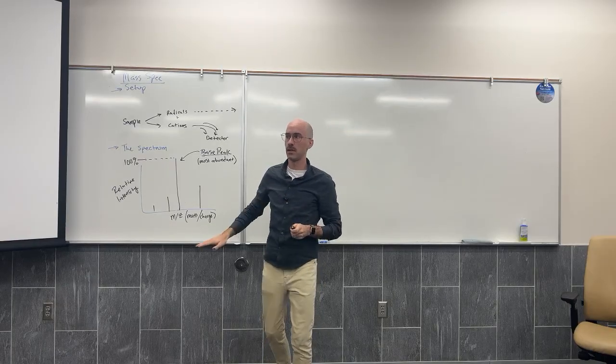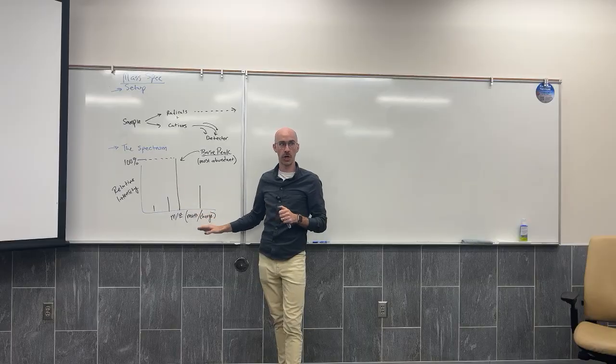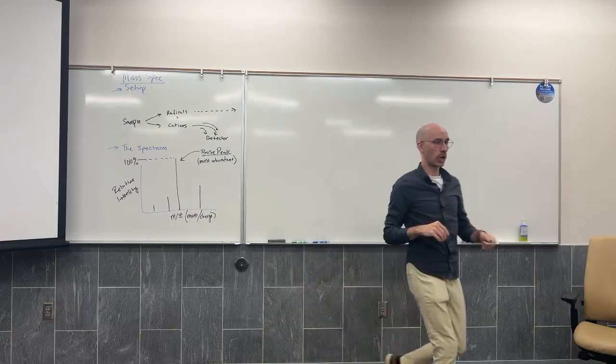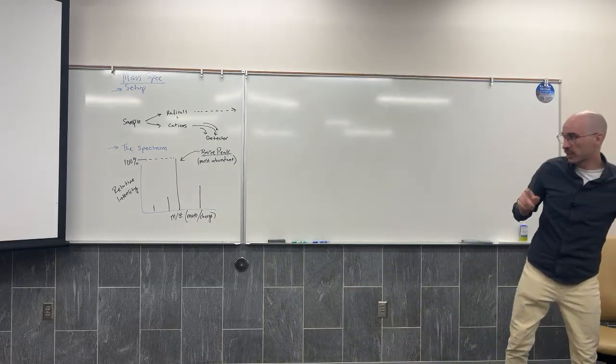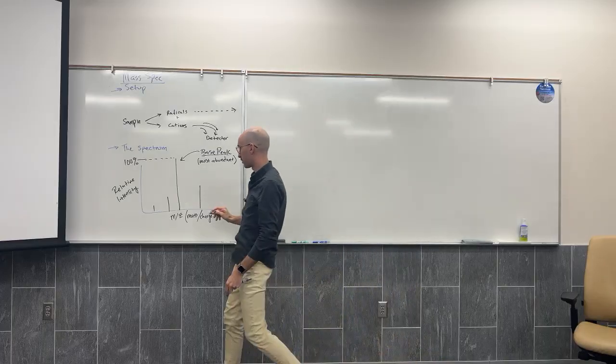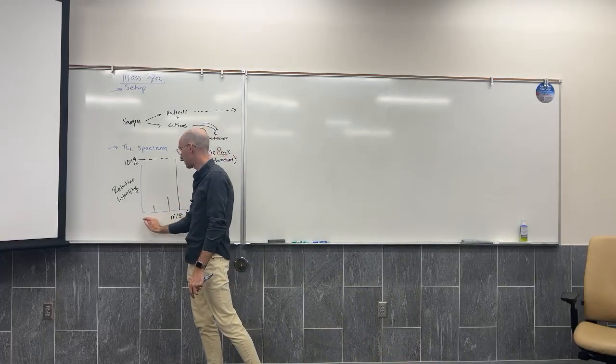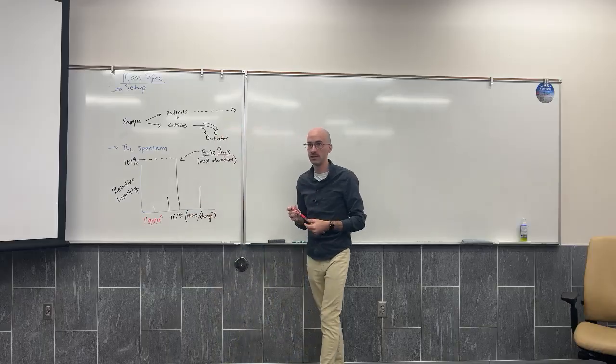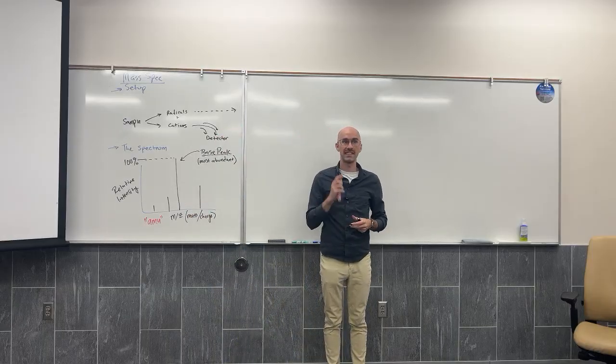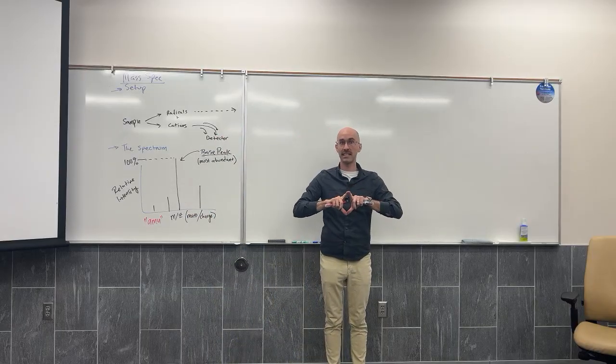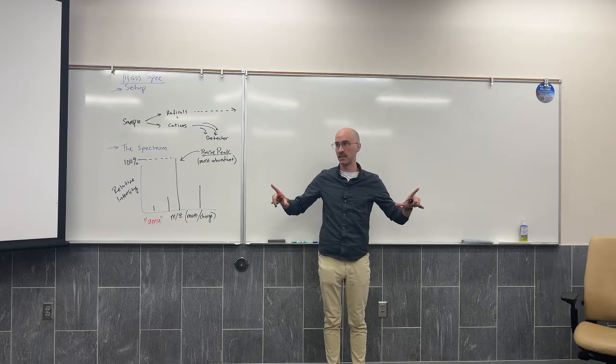99% of the time, we're looking at mass per charge, where charge is +1. So 99% of the time, this can be thought of as atomic mass units. The x-axis is not atomic mass units.